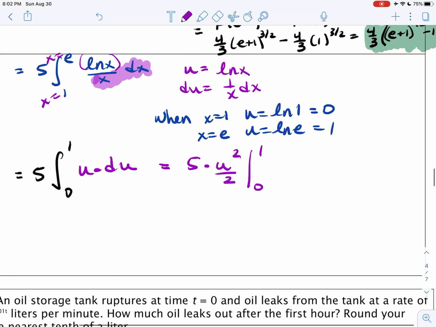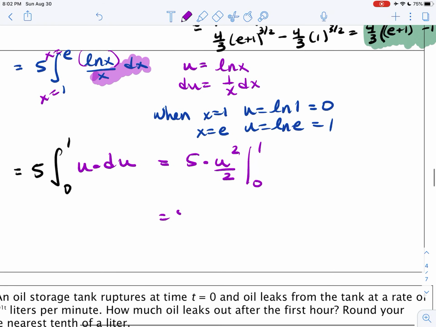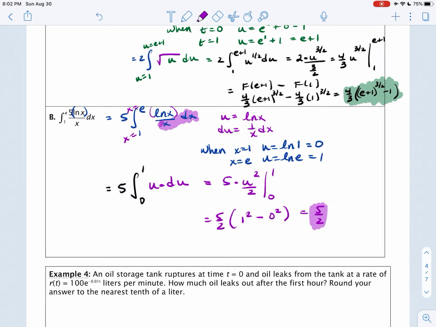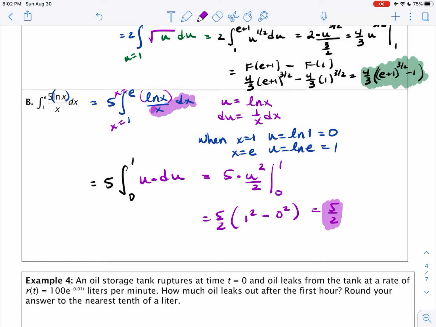So when you use F of b minus F of a, those need to be in the same variables as your integral evaluation. So this is going to be 5/2 times 1 squared minus 0 squared, and that's just going to give me 5/2. Good.